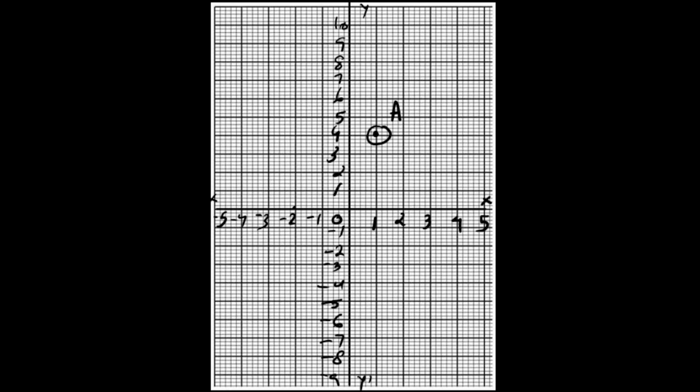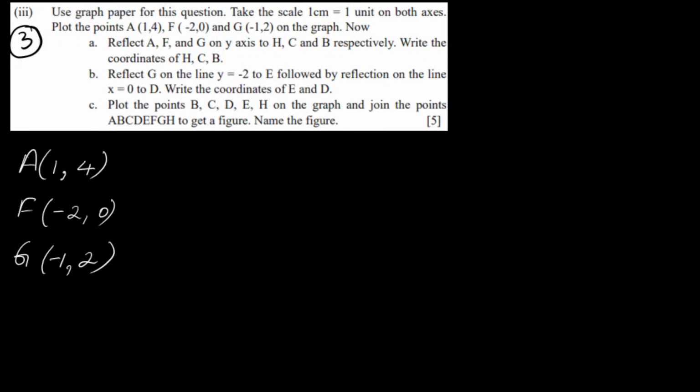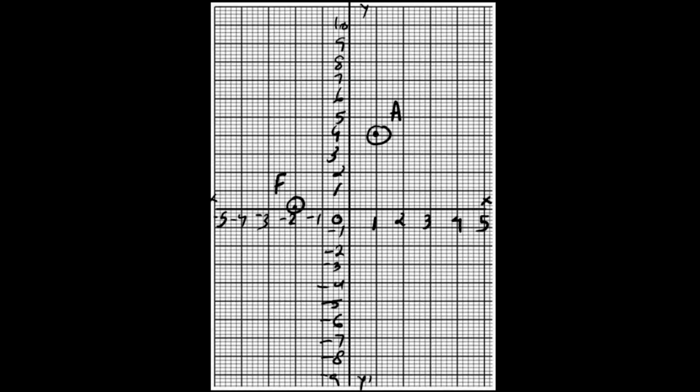This type of point lies on the x-axis, (x, 0). So the name of this point is F. Next is (-1, 2). So this is here, and this point is G. So these 3 points I have plotted.